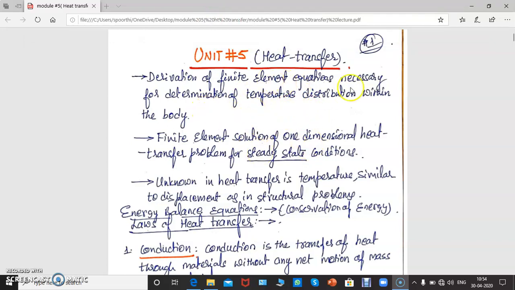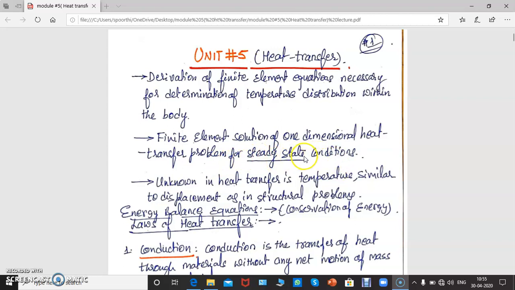Now, what do we do in this particular module? We derive the finite element equations necessary for determination of temperature distribution within the body. This is the first objective. Then, we consider only one dimensional heat transfer problems, because 2 dimensional and 3 dimensional heat transfer are going to be very complex, which is not going to be discussed here. Another point is we consider only steady state conditions.